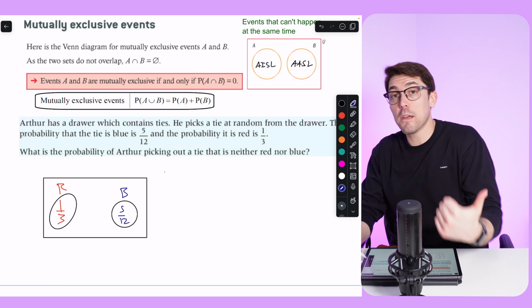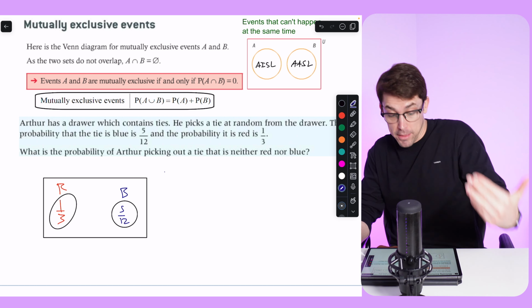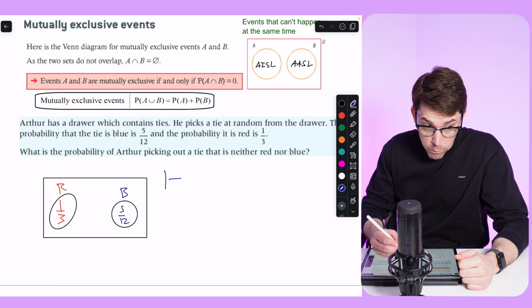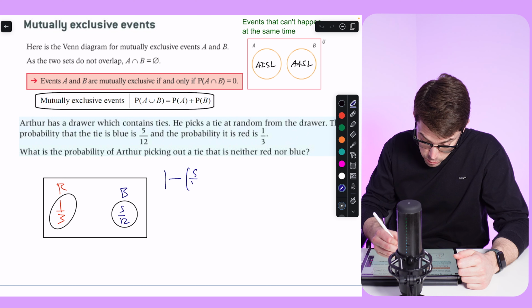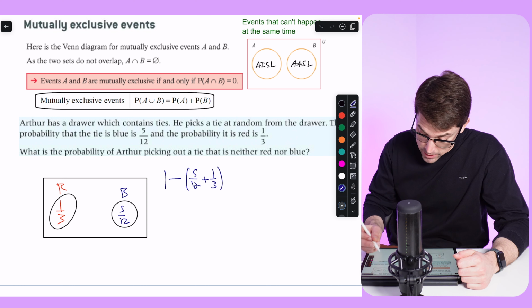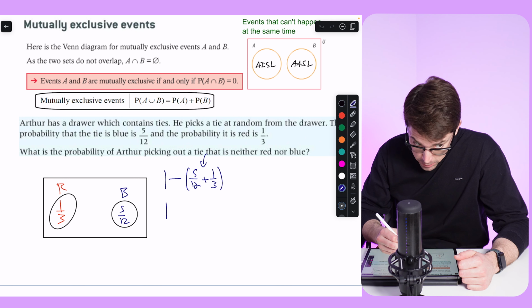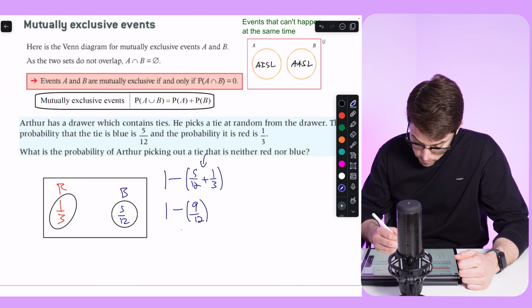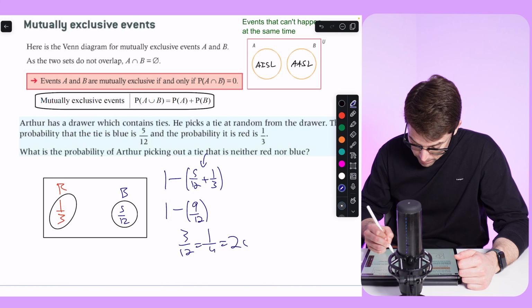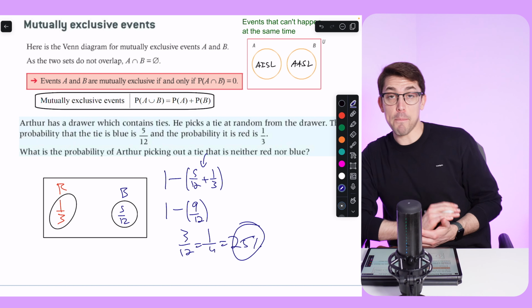So let me take the probability of it being blue or red and just subtract that from 1. So I'd have 1 minus, well, I have 5 over 12 plus 1 over 3, because this right here is the probability of it happening. So I'd have 1 minus, let's see here, that would be 4 over 12, so that'd be 9 over 12. This would be 12 over 12, that gives me 3 over 12, that is going to give me 1 over 4, that's going to give me 25% chance of it not being red or blue.